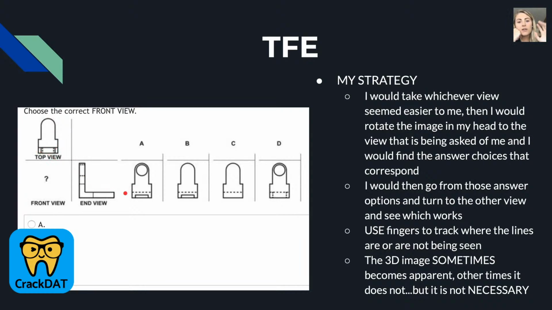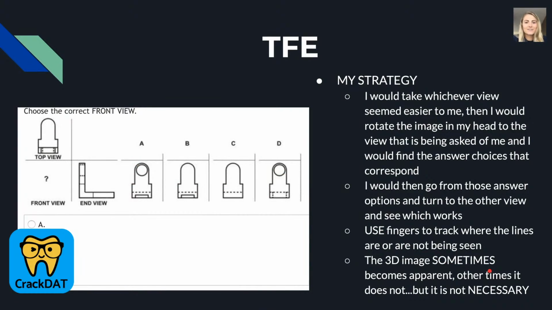So there's going to be a line that you can see, which is this line right here, and there's going to be a line that you can't see. If this line is the only line you can't see, that wouldn't work because this line right here isn't being visualized, if that makes any sense. So you would know that this can't be the answer, and the answer has to be D.